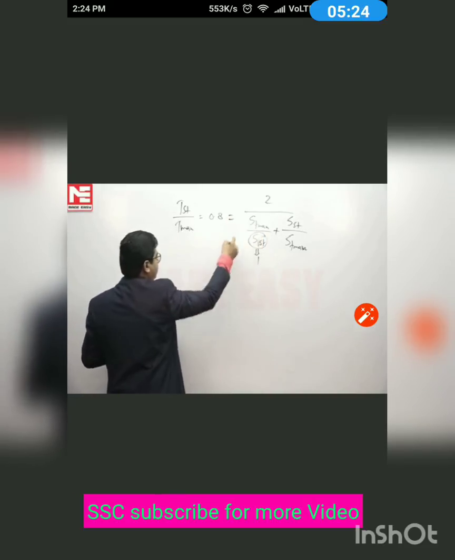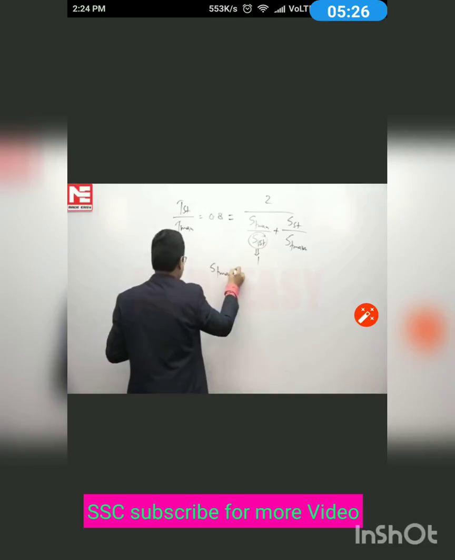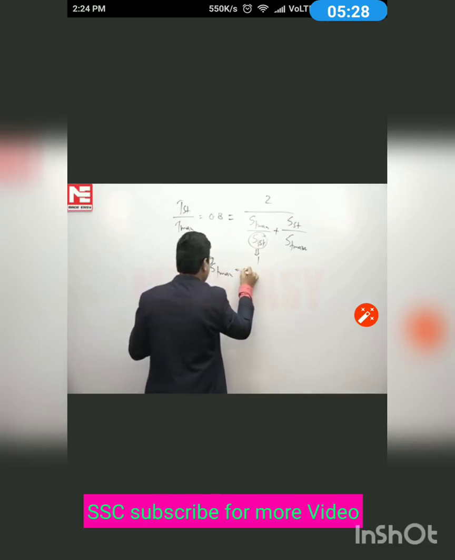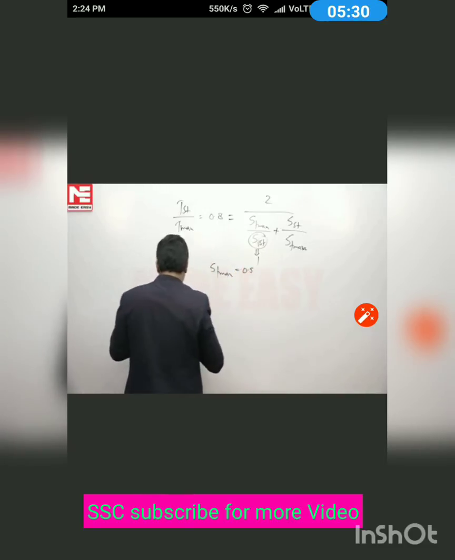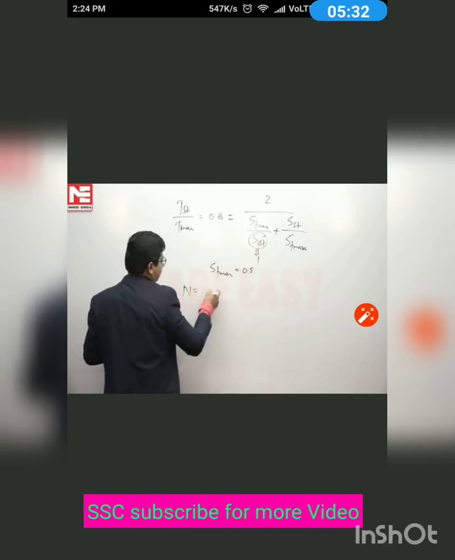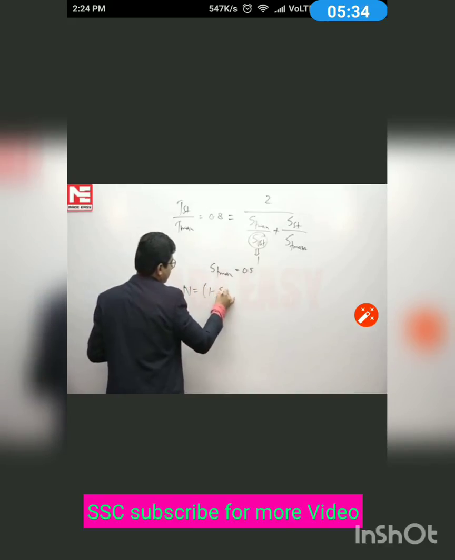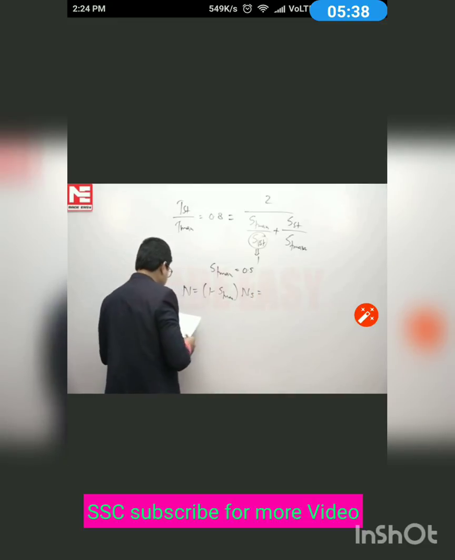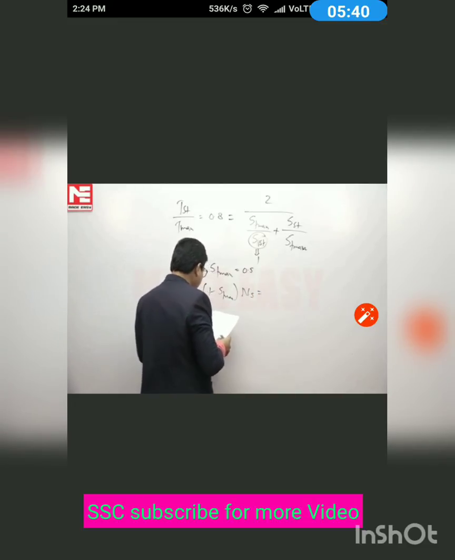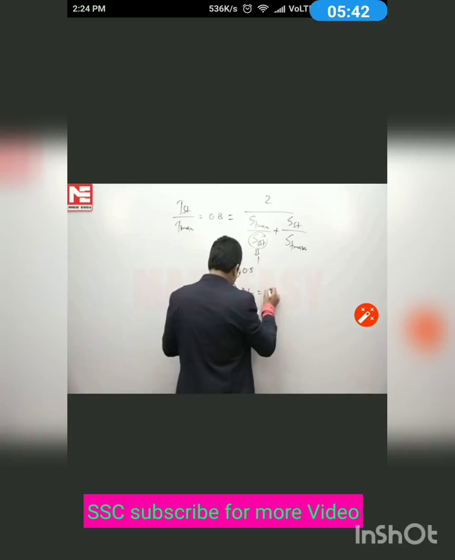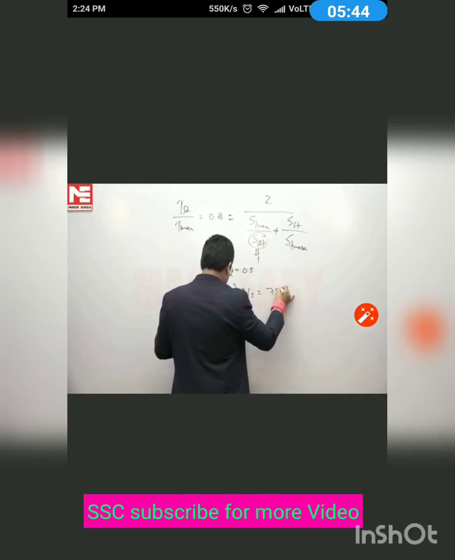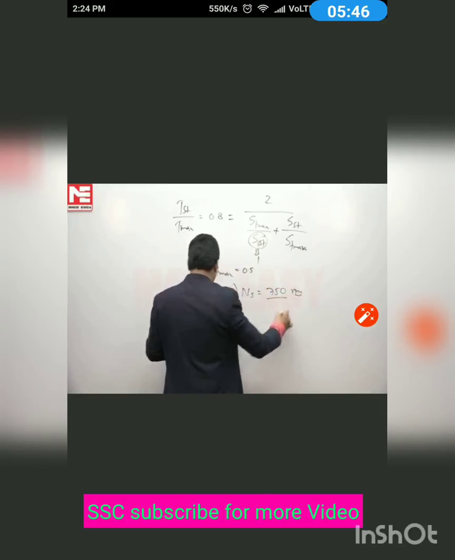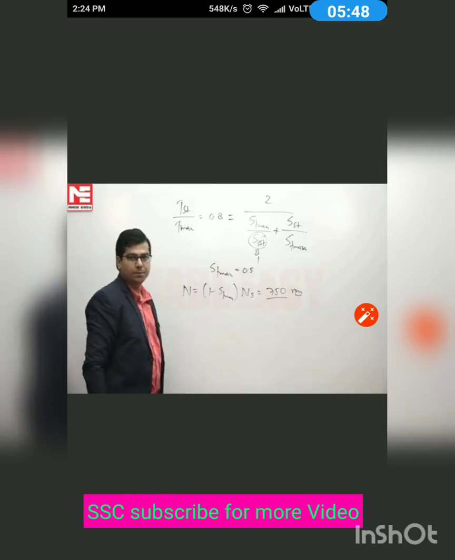So just with the help of this expression, slip at T max is basically 0.5. Now the speed at maximum torque is equal to (1 minus slip at T max) into ns, and ns is 1500, it is given. So from here this value will be 750 rpm. So our answer is 75.